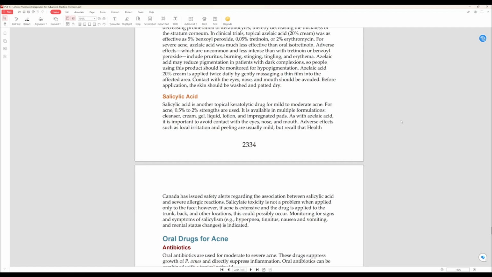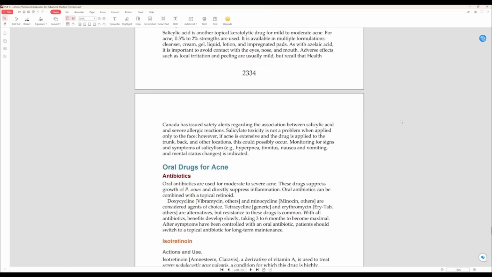However, if acne is extensive and the drug is applied to the trunk, back, and other locations, it is a potential possibility. Signs and symptoms of salicylism, which are hyperpnea, tinnitus, nausea, vomiting, and changes in mental status, need to be observed.